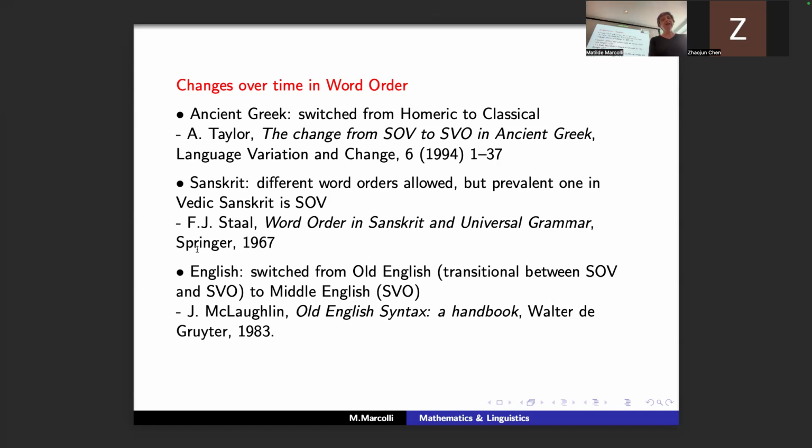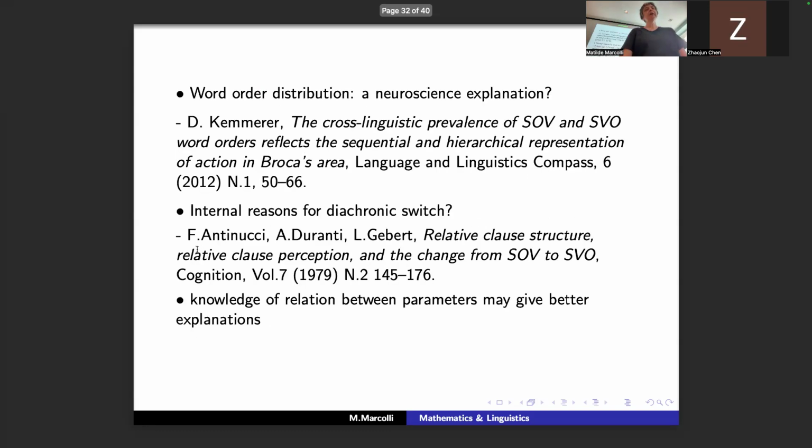So there are certainly historical effects of interactions between languages that can lead to these parameters not being equally distributed over the world languages that we observe today.